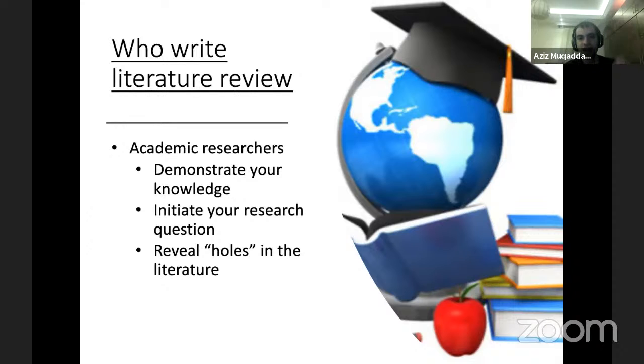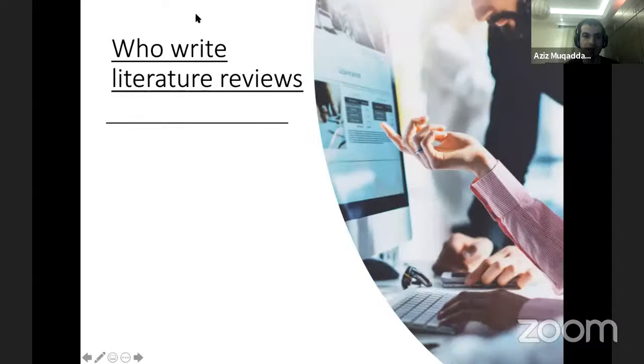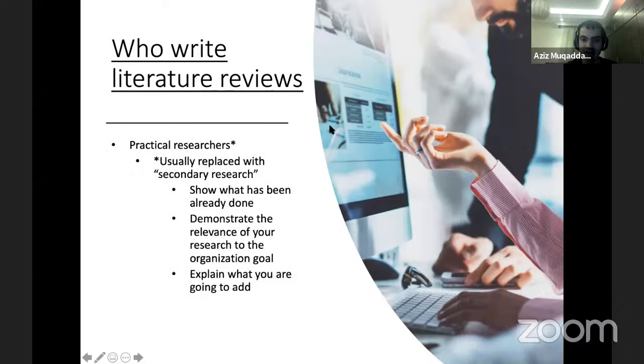And that part is what my paper is going to talk about, right? So that's what literature reviews do. Also, in non-academic settings, we use it for practical research, which we mostly call secondary research. So it also has that element of showing credibility and that you've done your homework.